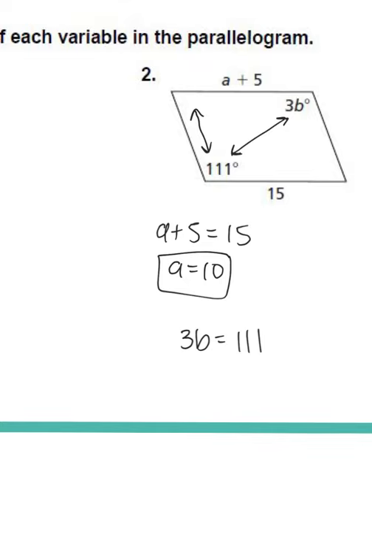They equal 180 when you add them together. What's another word for that, guys? Starts with an S. Not complementary. Supplementary. Okay, so 3b equals 111. b equals 37. Yes, 37.